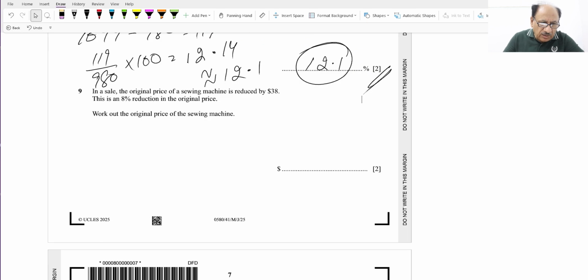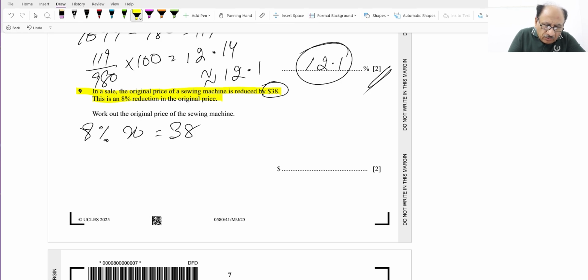Further, question number 9, and question number 9 says in a sale the original price of a sewing machine is reduced by $38. This is an 8% reduction in the original price. So the original price we can suppose as X. So 8% is reduced, 8% of X. 8% of X is equal to $38, which is given, and work out the original price.